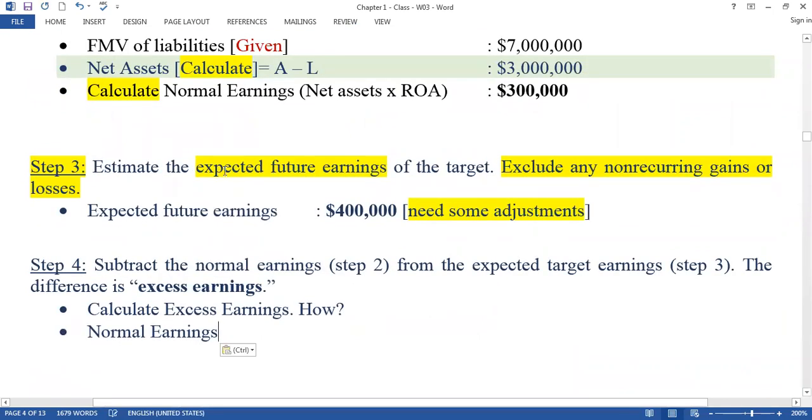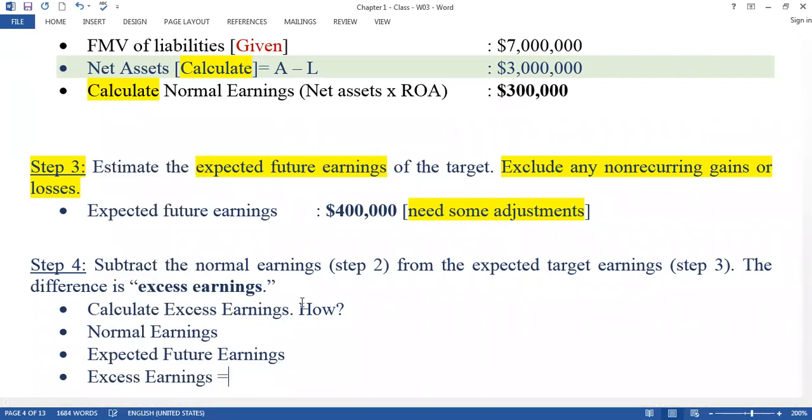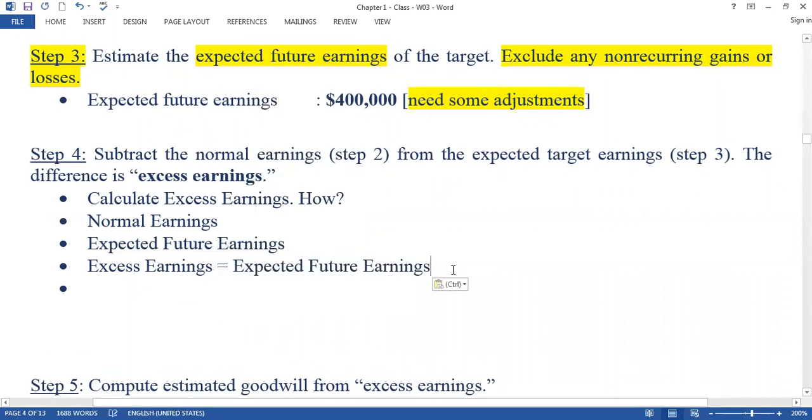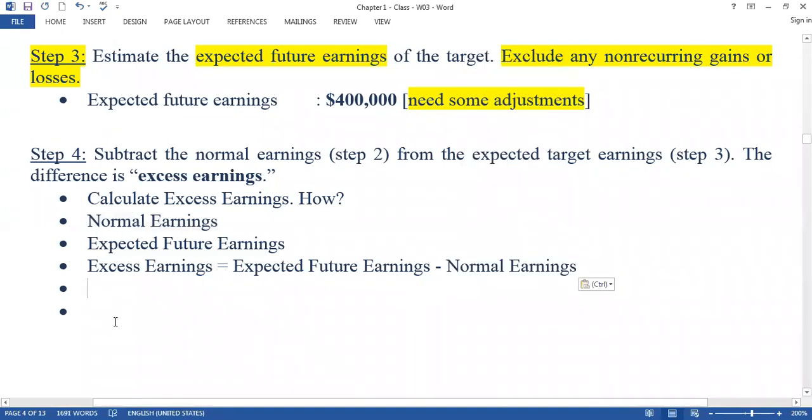We need our expected future earnings. Then when we calculate the excess earnings, we have a very easy formula. So this is the formula.